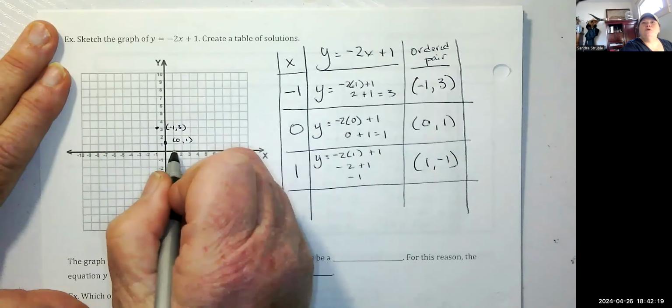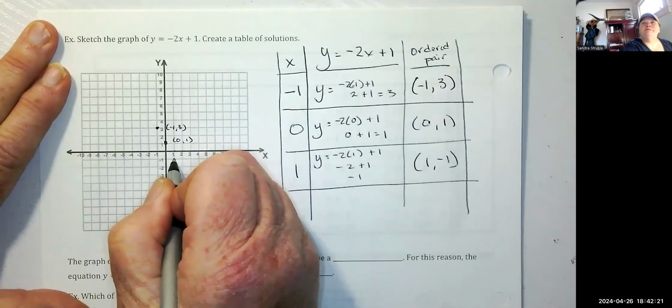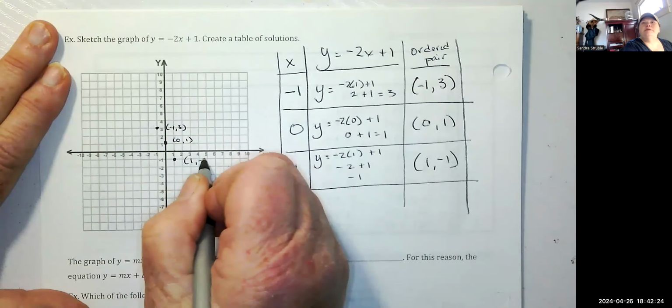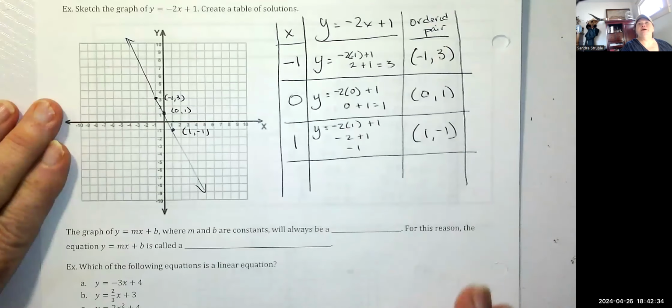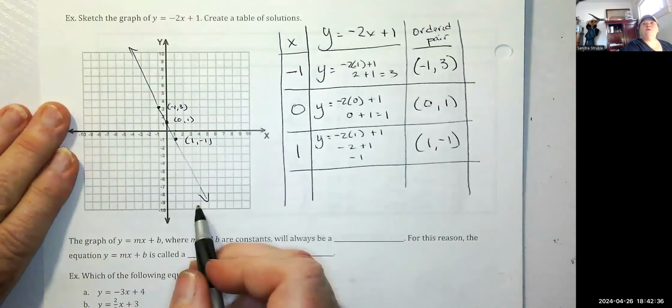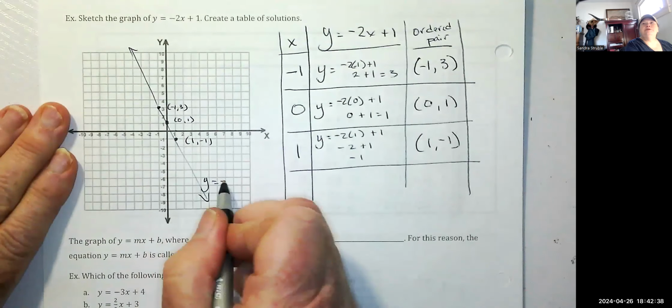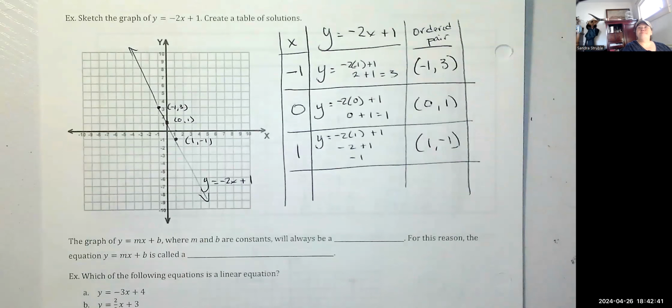So I need to go right 1 and then down 1. And that is 1, negative 1. So let me draw this line the best I can here. It keeps going in both directions forever and ever. And that is the line y equals negative 2x plus 1.